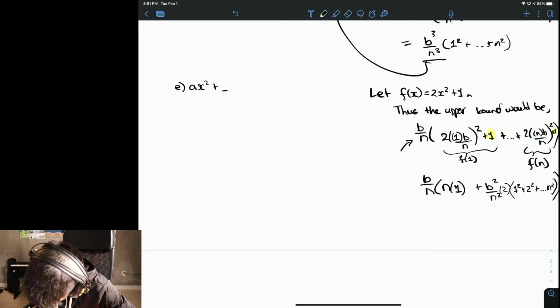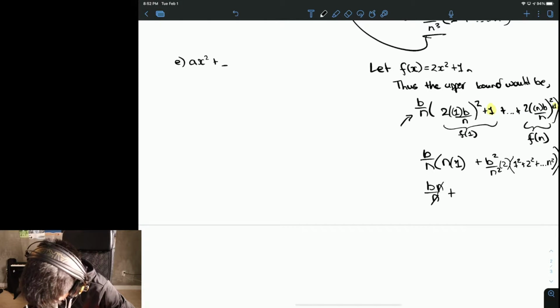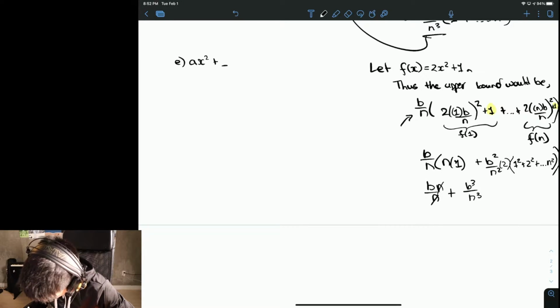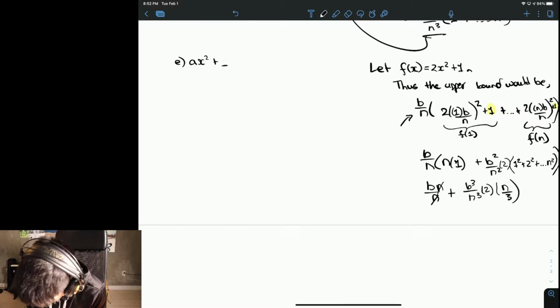Did I add enough brackets there? I think so. And so the end result is we get b over n by n over n, so these cross out, plus b cubed over n cubed multiplied by 2, and then this series we know approximates n cubed over 3.